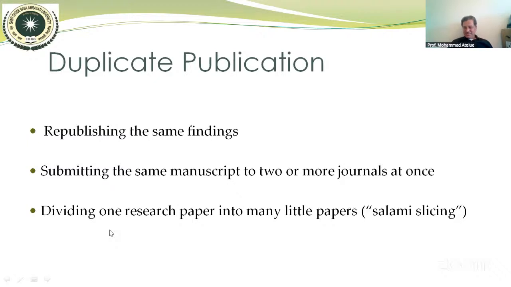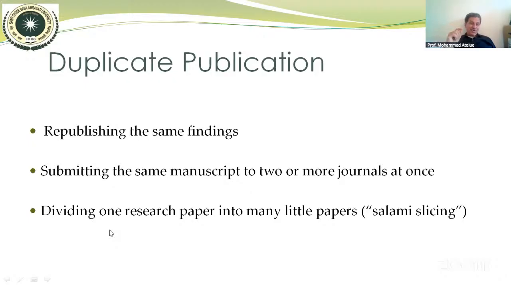Maybe now you are short of ideas, there are compulsions of NBA, NAAC, other responsibilities, and it is expected that you must contribute to research. So submitting the same manuscript to two or more journals at once happens many times, and that's why most of the time they ask you whether the same article is under consideration somewhere else, yes or no. Many times we are very casual.